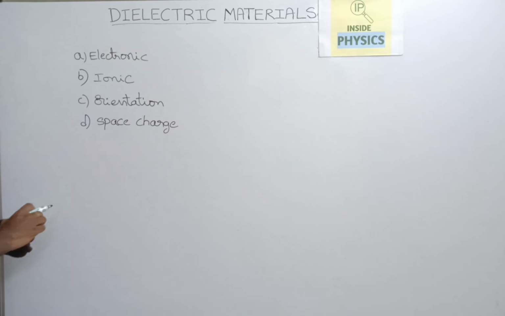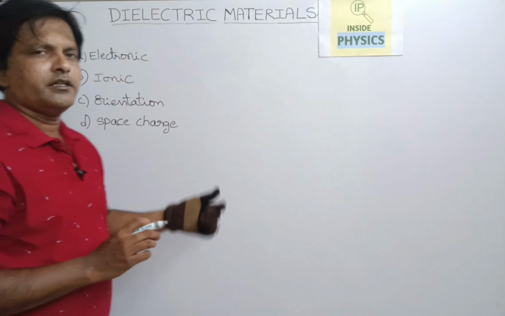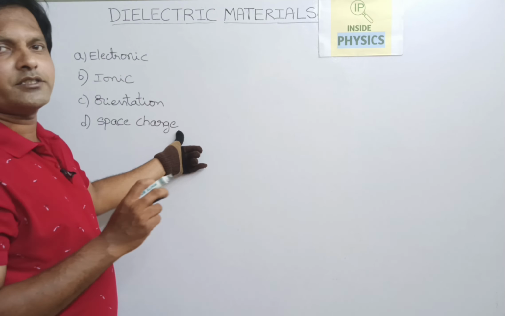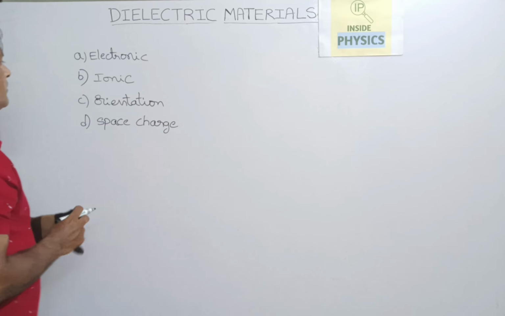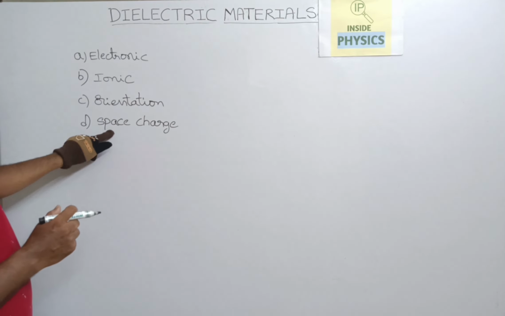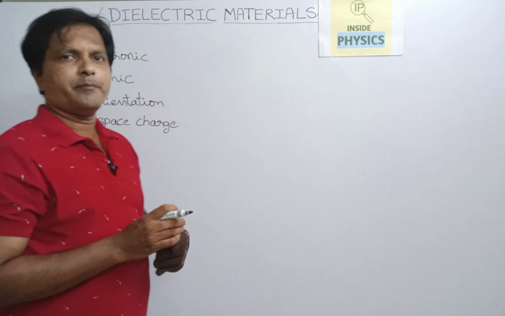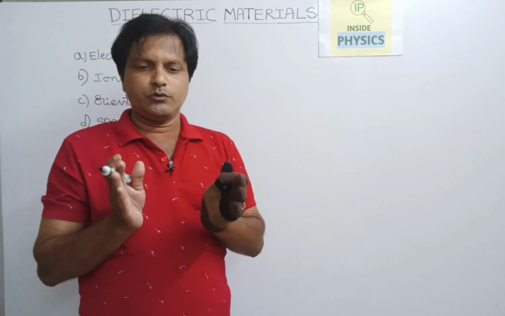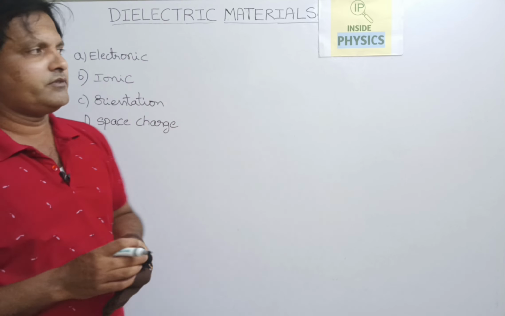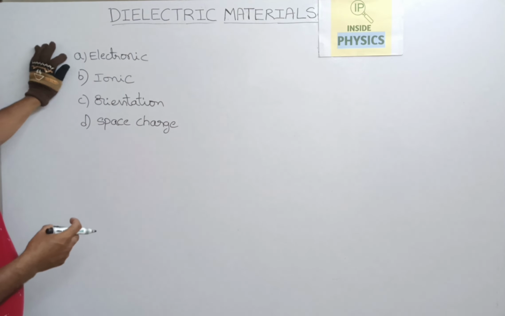Space charge polarization is also called interfacial polarization or migrational polarization. Interfacial means this is considered to be happening at the interfaces of two particular materials. Interface means a border; that we will discuss after discussing these three.